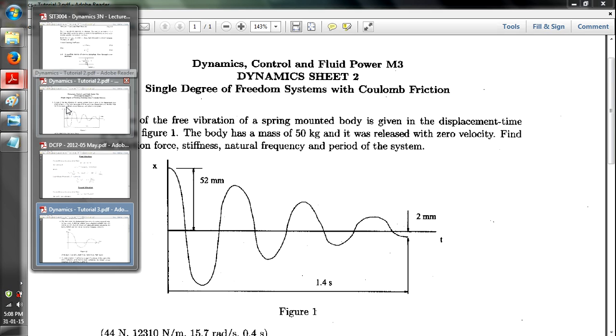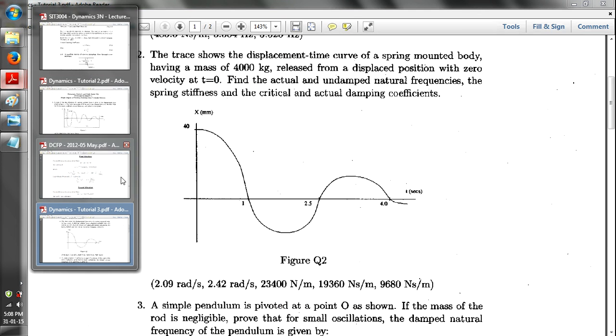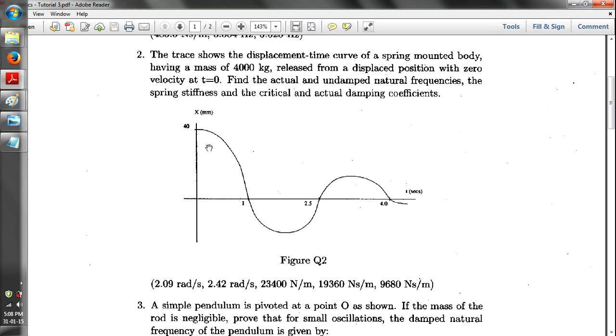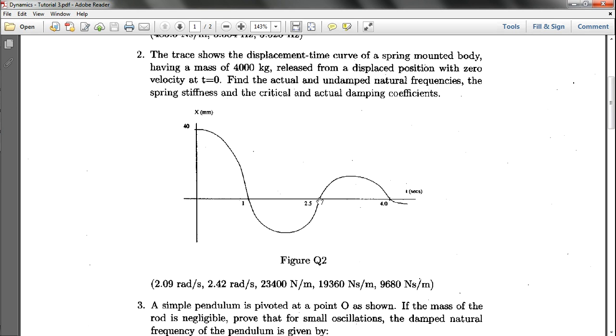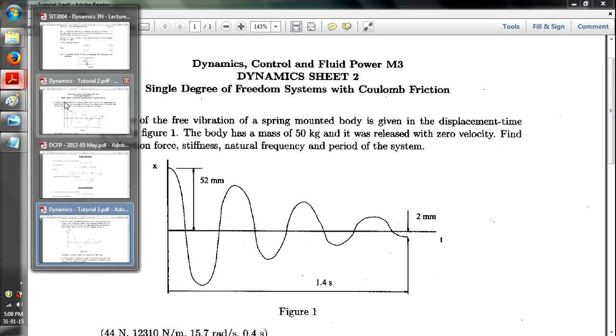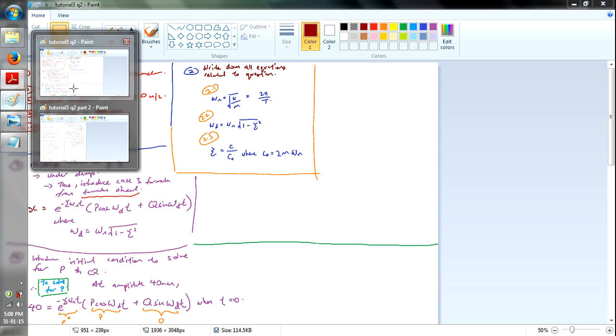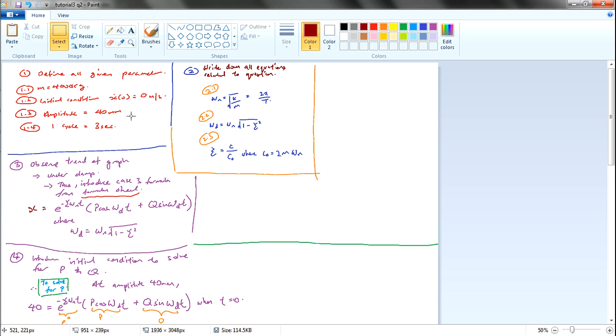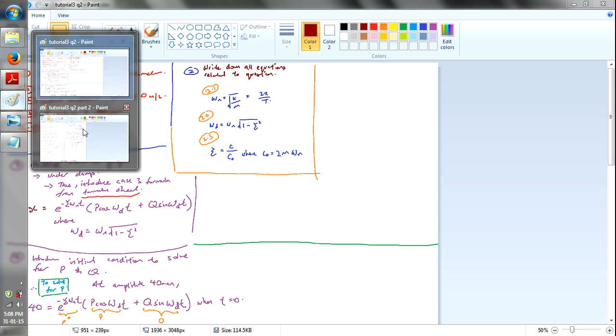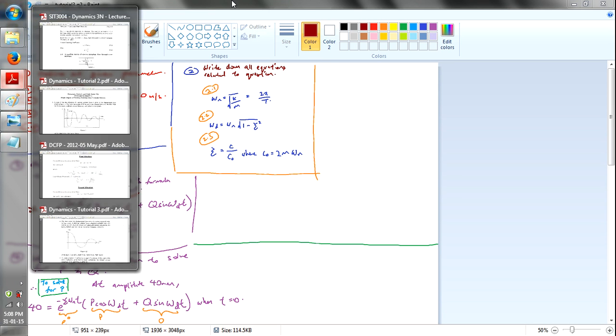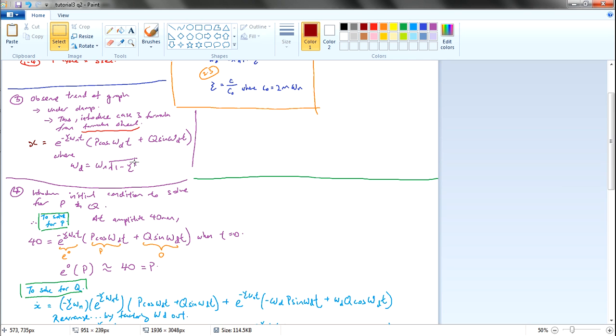You figure out all the amplitudes, your period, your cycles, your time, and everything, so it's all on the initial condition. After which you write down all the equations that relate to what the questions want you to find. Then you observe the trend of the graph, see whether it is underdamped, overdamped, or whatever, and then you get the equation that corresponds to that.